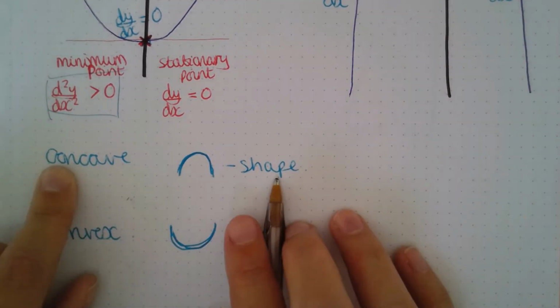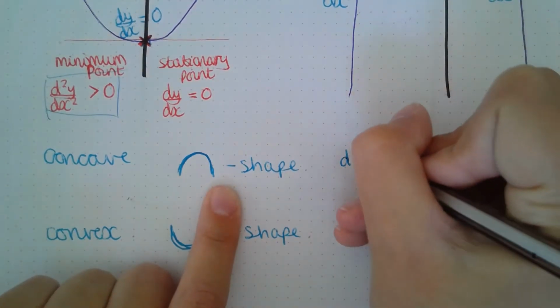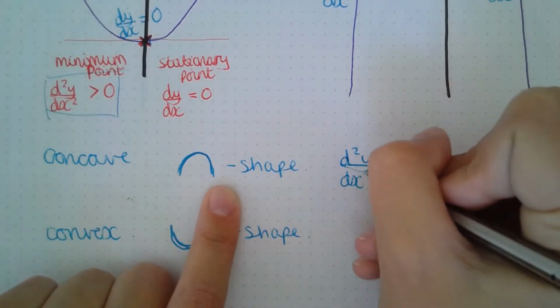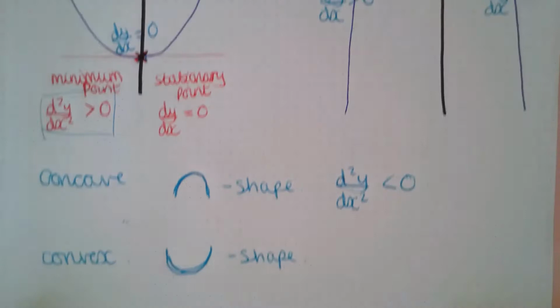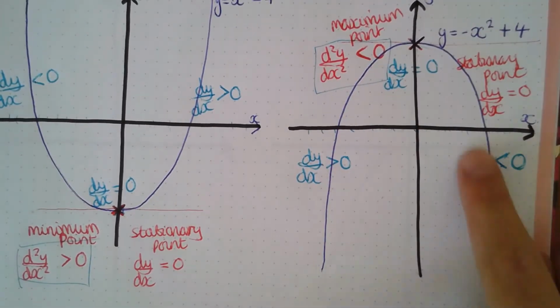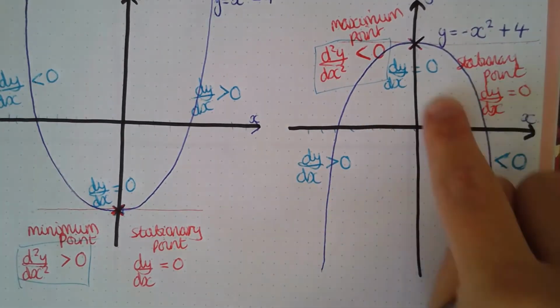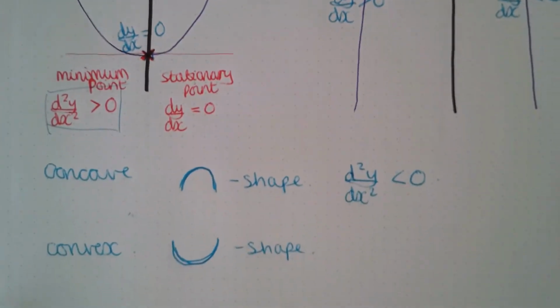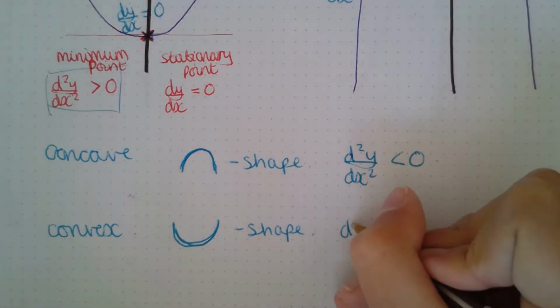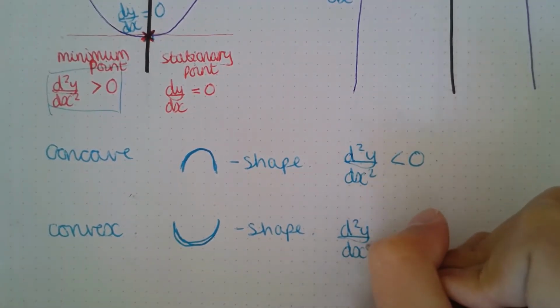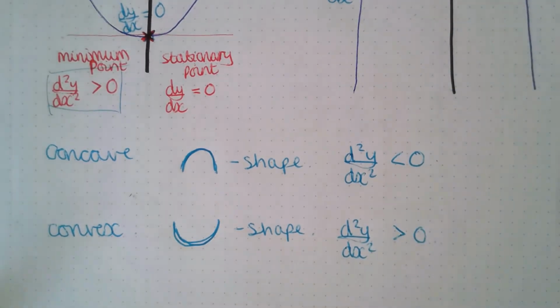For a concave graph, our second differential is less than 0, because we would have a maximum point. And for convex, our second differential is greater than 0.